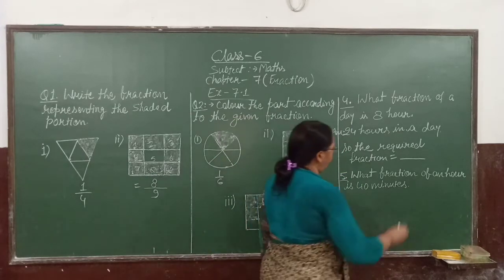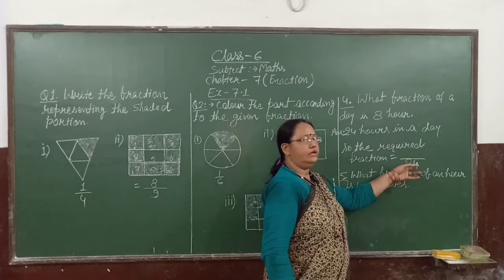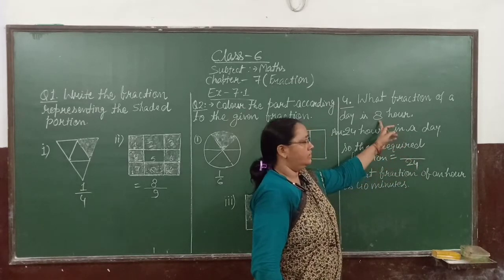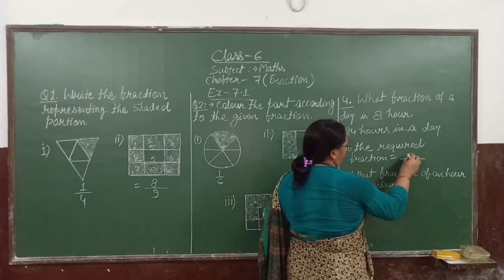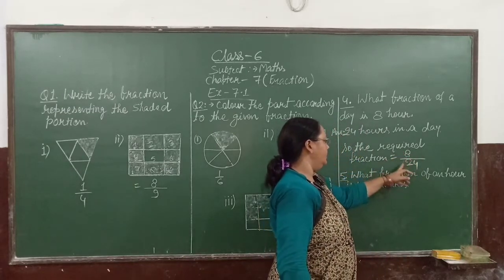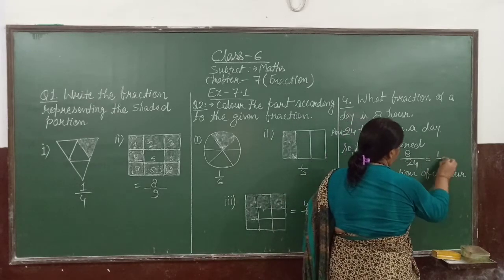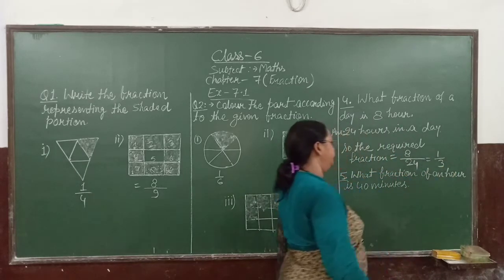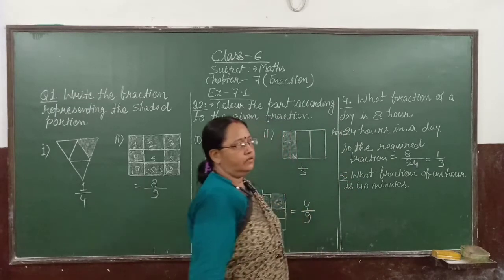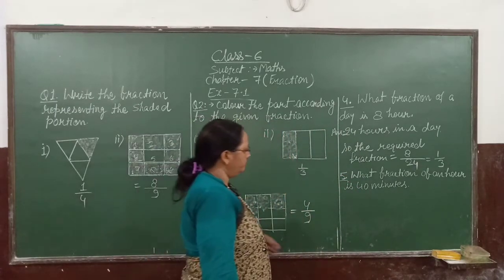The whole is 24 hours, so 24 is in the denominator, and 8 hours, so 8 is in the numerator. This can be written as 8 upon 24, and 8 times 3 is 24, which means 1 upon 3.